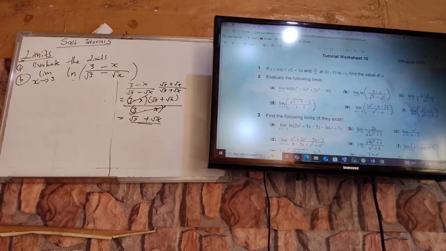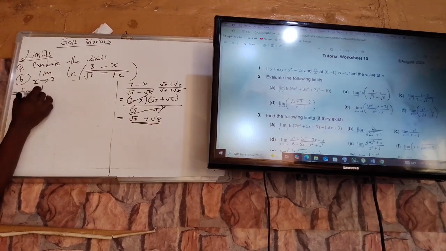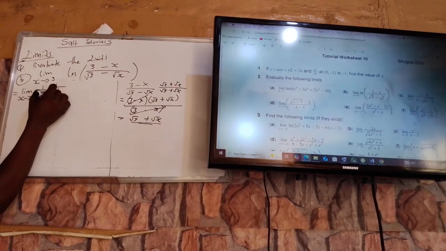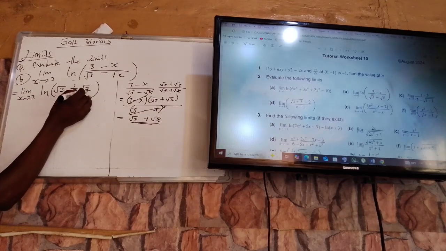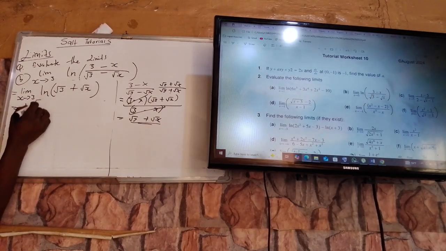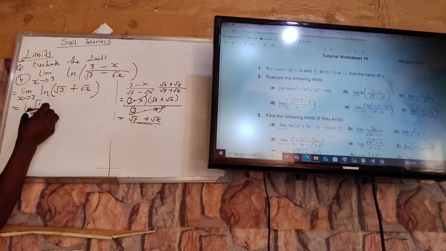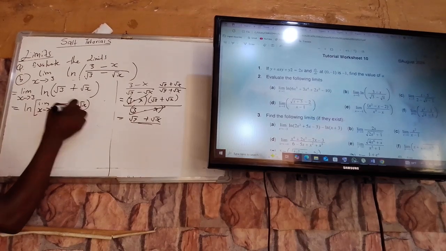So this means that we are now working with the limit as x approaches 3 of the natural log of root of 3 plus root of x. If I put back the 3 there, this would be the natural log of the limit as x approaches 3 of root of 3 plus root of x.